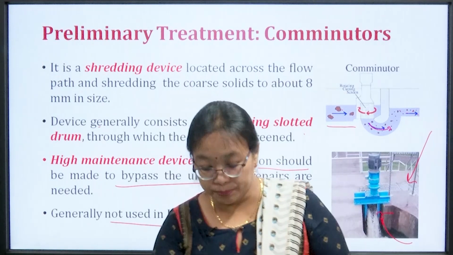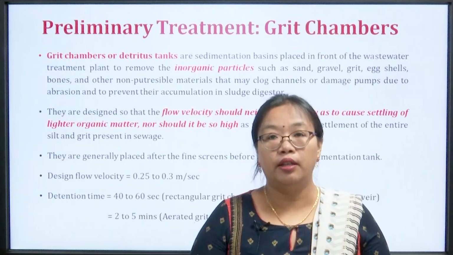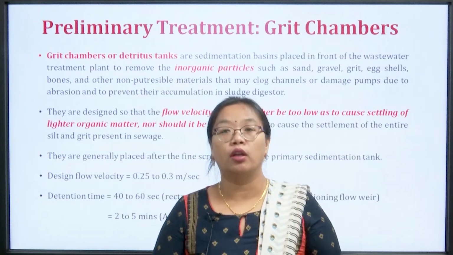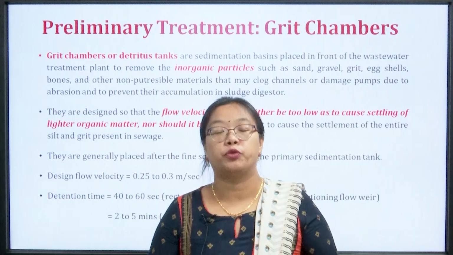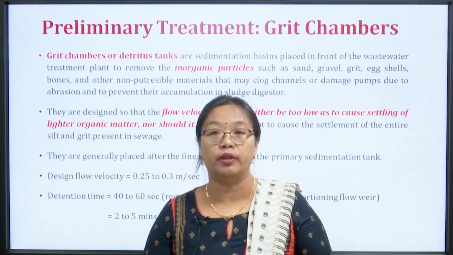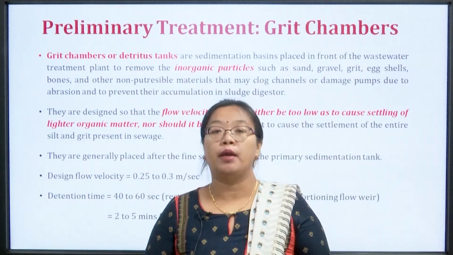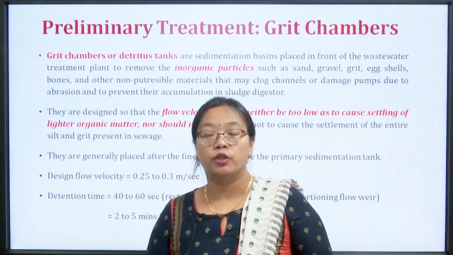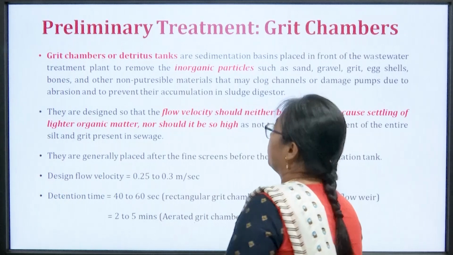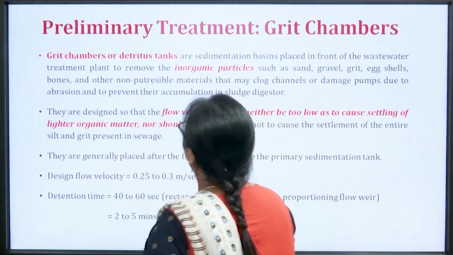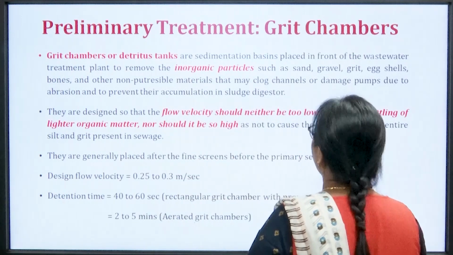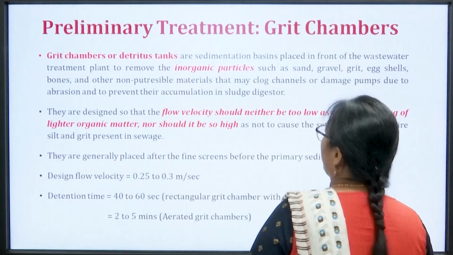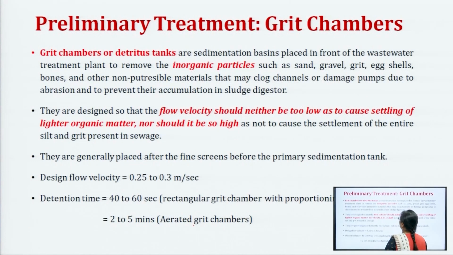The next preliminary treatment is called grit chambers. Grit chambers are extremely important, and most of the time we go for grit chambers in India and everywhere. So, why is it important? Grit chambers or detritus tanks are sedimentation basins placed in front of the wastewater treatment plant to remove inorganic particles.